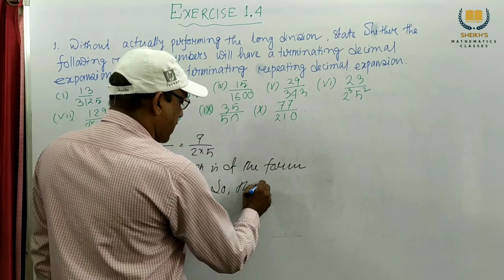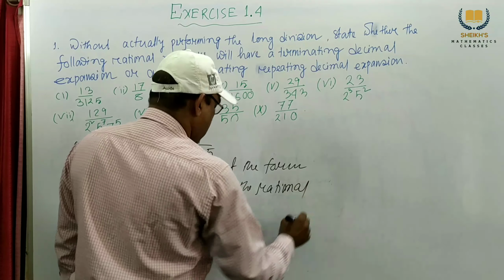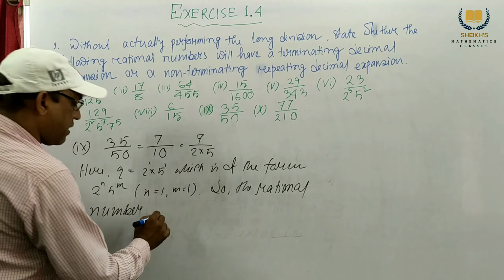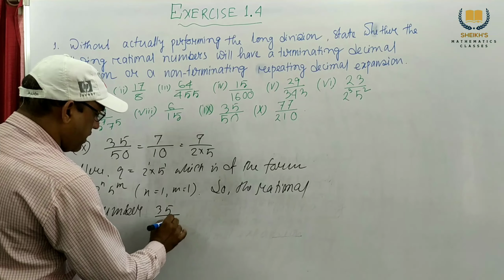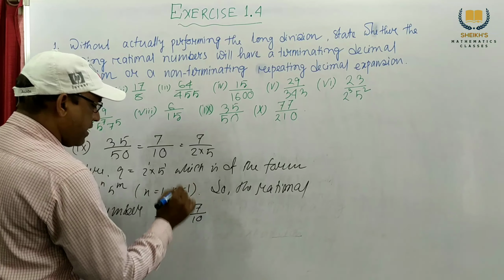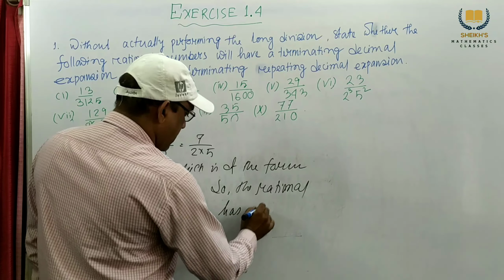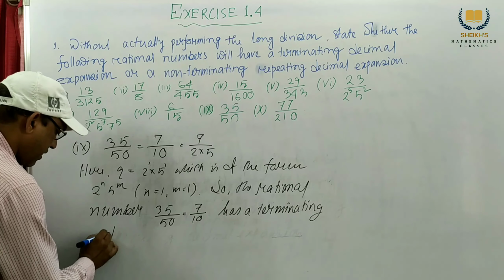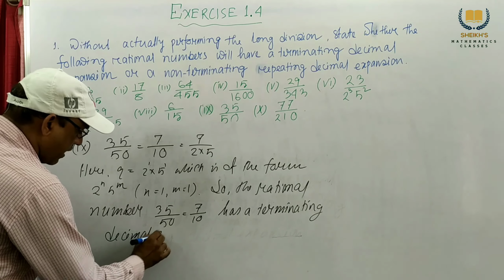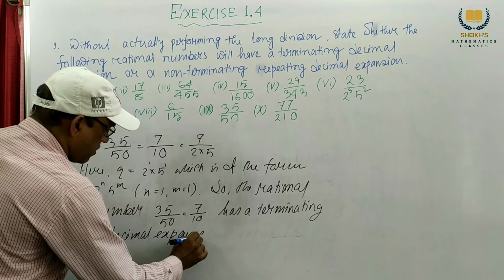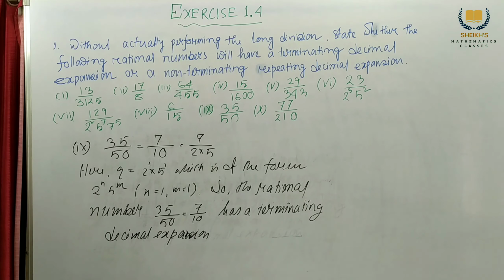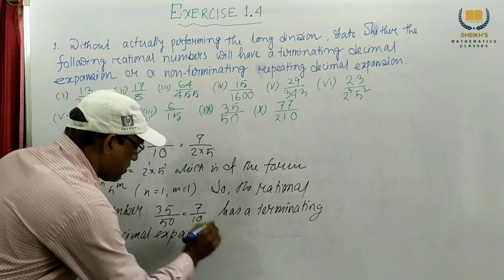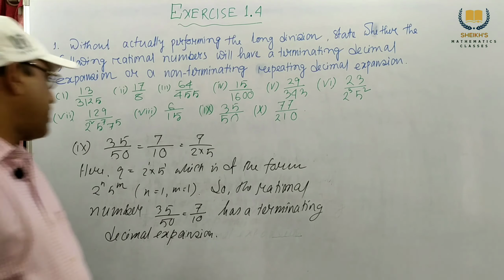So the rational number 35 by 50, this is 7 by 10, has a terminating decimal expansion. This is our answer.